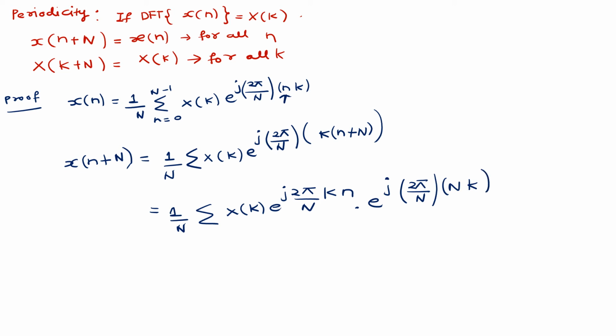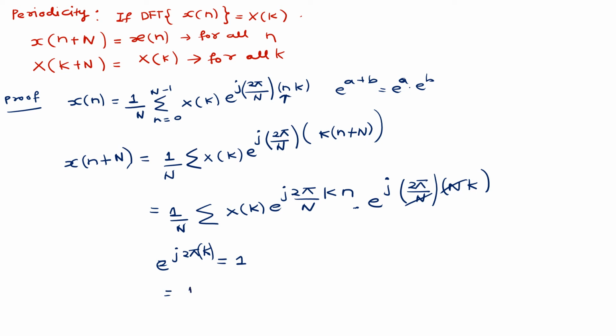Fine. Here I am splitting e power a plus b equal to e power a into e power b. So I just split it, and N will get cancelled. We should know that e power j 2 pi k is always equal to 1, because k value is some integer. Whenever e power j 2 pi into k, where k is some integer, it becomes 1.